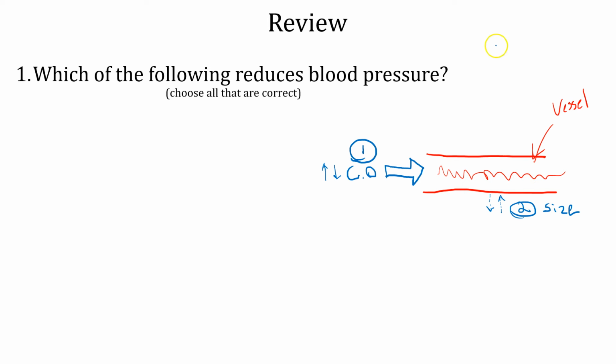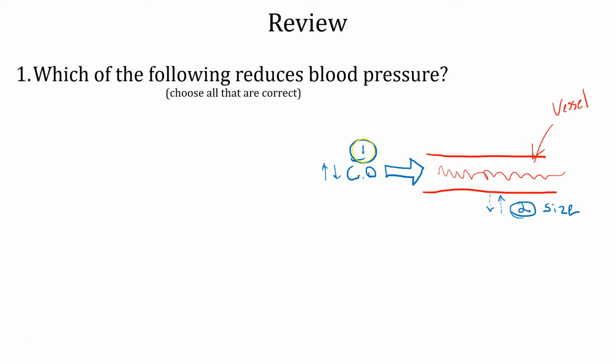Well, there's going to be less pressure in the huge vessel because there's more space for that fluid to move around. All that to say, if you increase the size, it will lead to a decrease in pressure. If you decrease the size, it will lead to an increase in pressure.